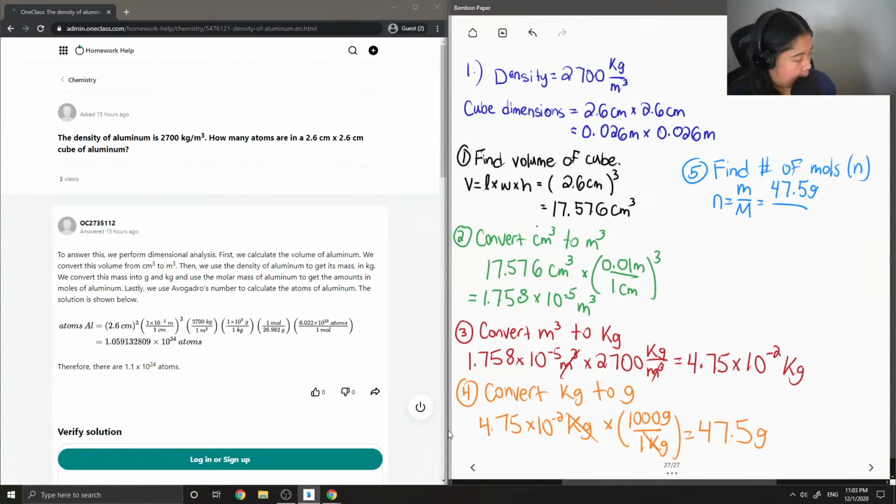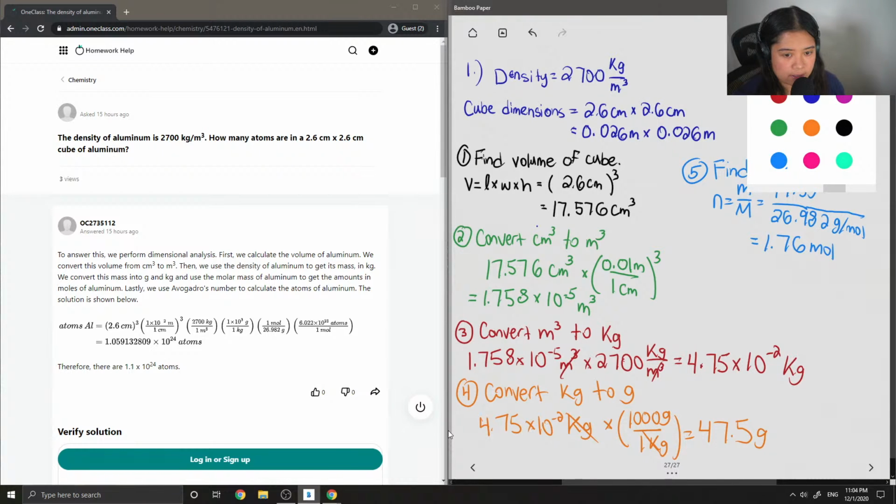The molar mass is the molar mass of aluminum. If you go to the periodic table, you find it has an atomic mass of 26.982 grams per mole. If we divide this out, we end up getting 1.76 moles.